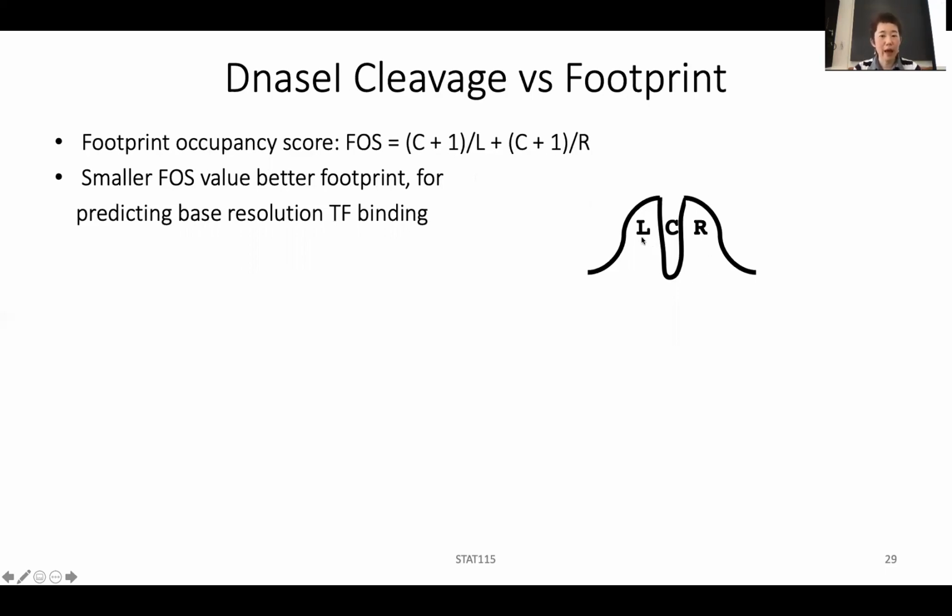By the way, for L, C, and R, they test between 6 nucleotides and 25 nucleotides. They try everything. And then they ask which one gets the lowest score, which means that the left and right are very high, but in the center suddenly you see a trough. That's an indication the transcription factor is binding in the middle, and that creates this footprint.